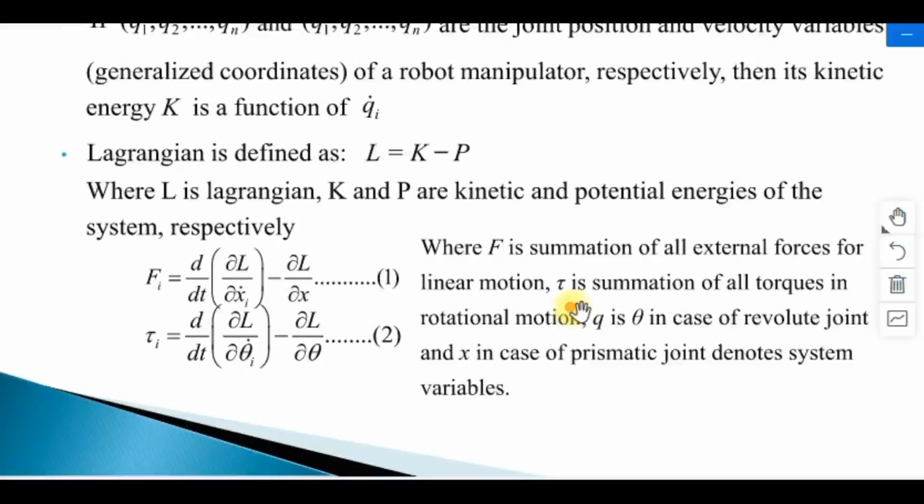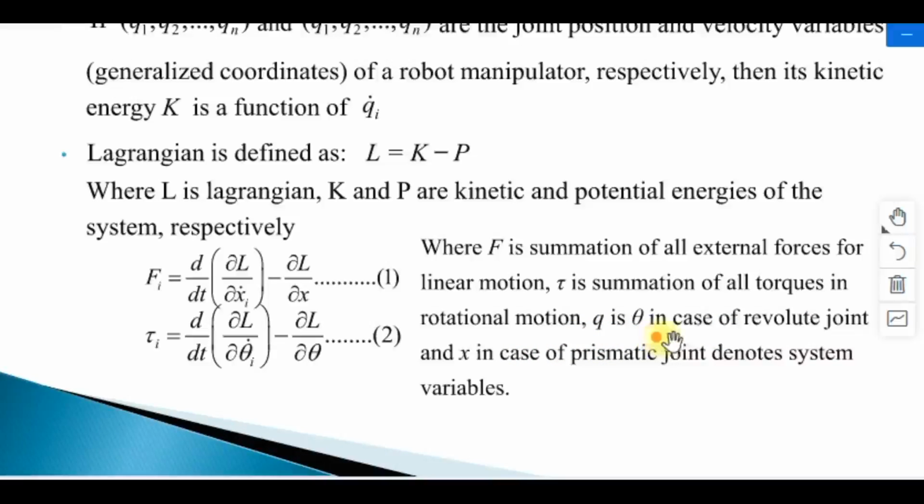So tau is the summation of all torques in rotational motion, because the linear motion and the rotational motion are all due to the F.